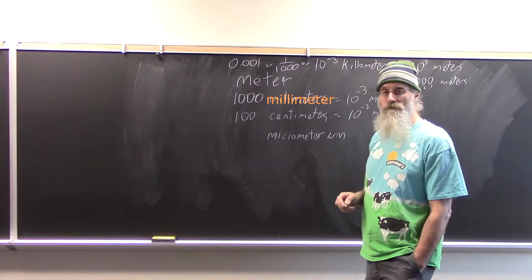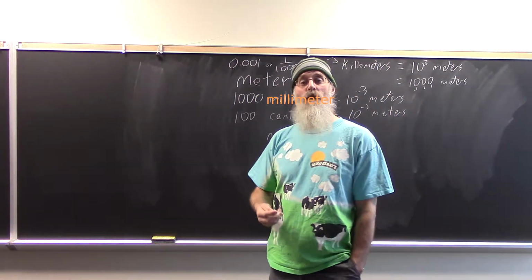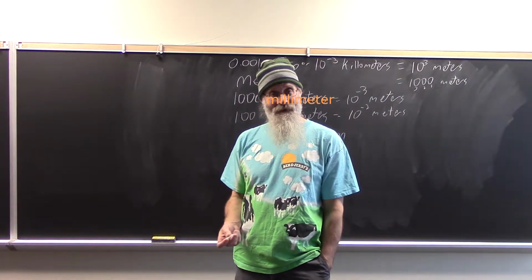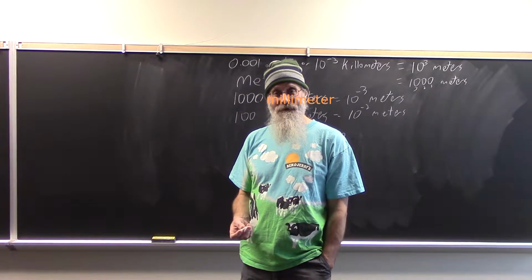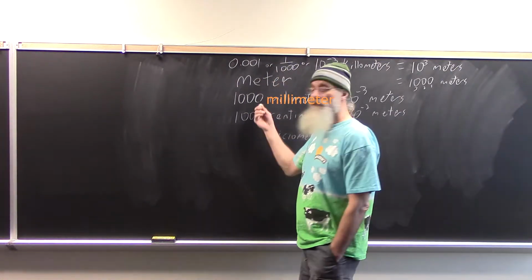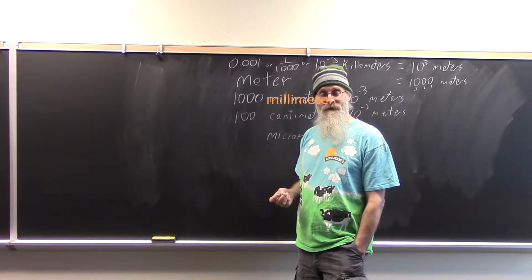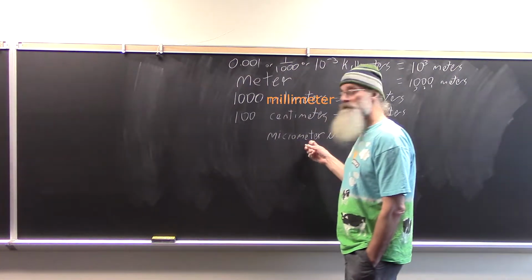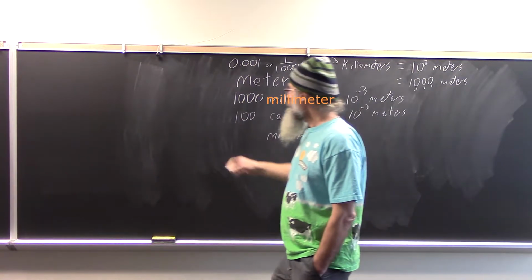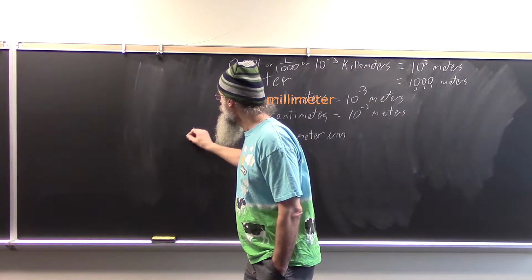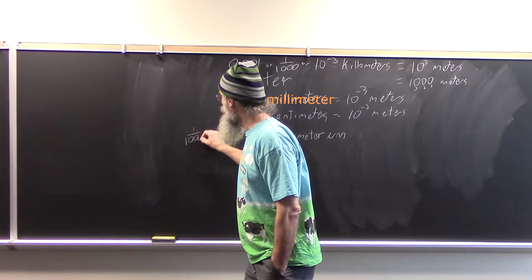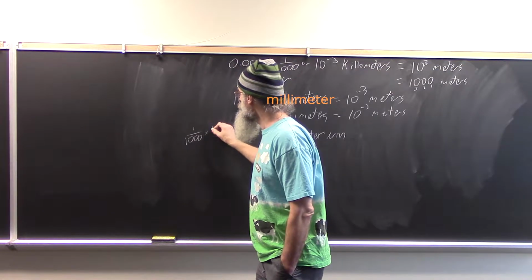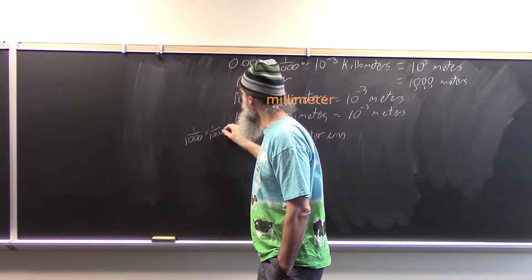A micrometer is 1/1000th of a millimeter, and a millimeter is 1/1000th of a meter. So how many meters is a micrometer? Well, it's going to be 1/1000 times 1/1000.